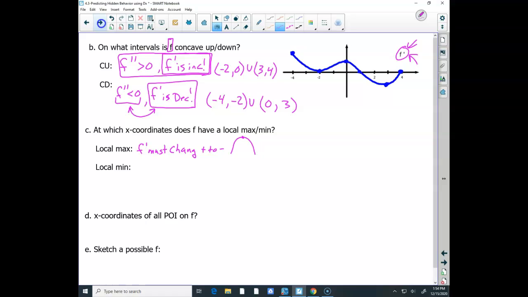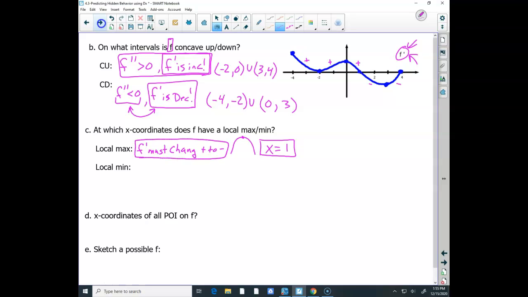So where did I change sign from positive to negative? Local max. Positive, positive, positive, negative, negative. I had a change right there at x equals 1, from positive to negative, okay? So maximum at x equals 1. What's my justification? f prime changed from positive to negative.